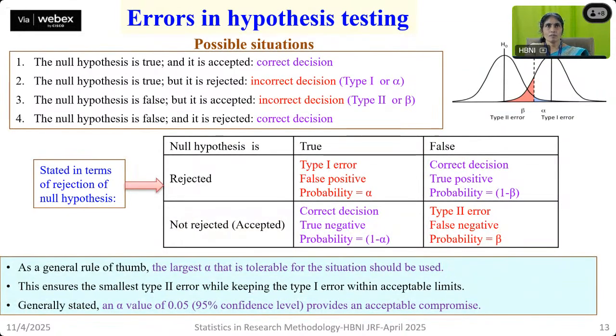As we discussed in the previous slide, there are 4 cases of errors in hypothesis testing, and even when you make the correct decisions, you will see that there is a finite portion which is missing out from the final calculation of the total area under the curve. If the null hypothesis is true and we accept it, that means the decision is correct.